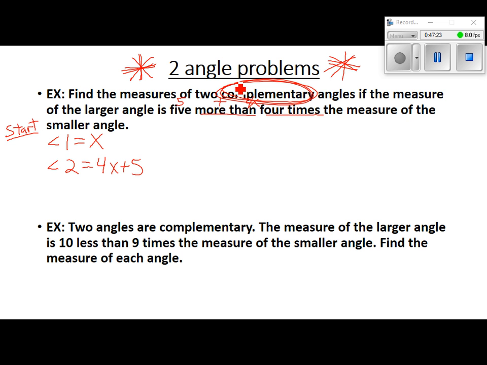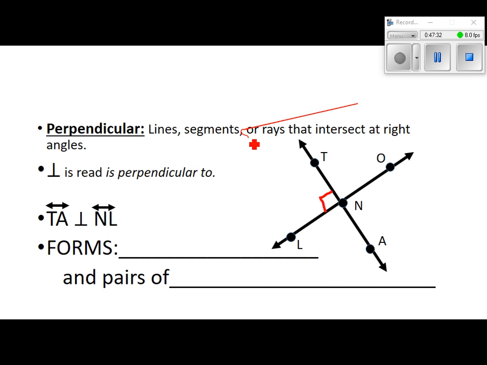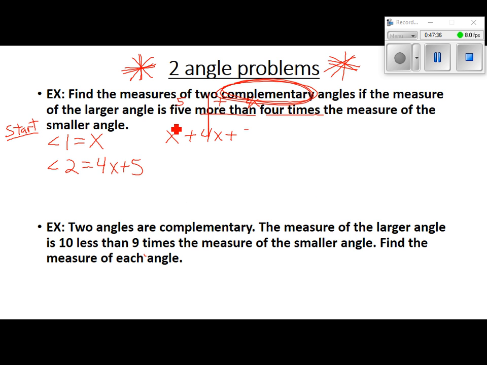What plus what equals 90? x plus 4x plus 5 equals 90. Oops, I forgot my 5 in there.